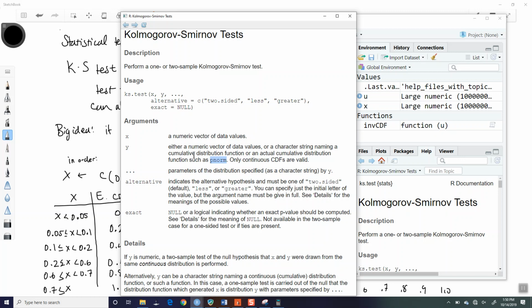All right, and so if you want to see if your data, what you're hoping for is that your data is coming from, say, the exponential distribution.